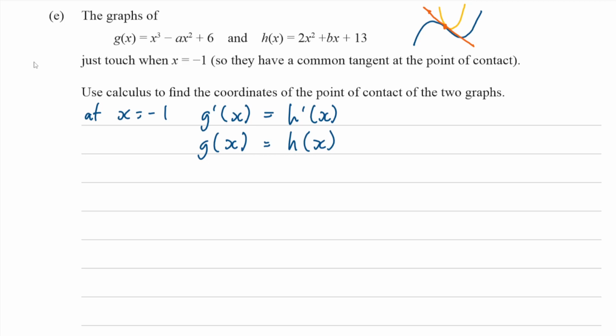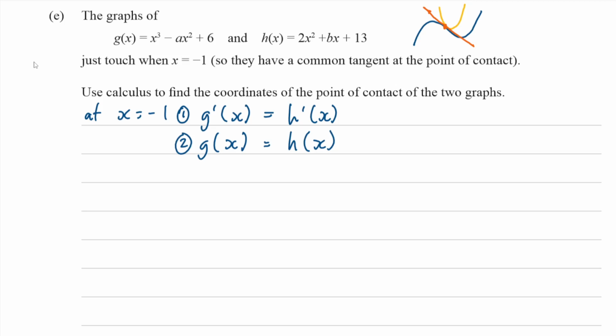Now you'll notice we have two equations and two unknowns, which means if there is a solution, we can find it. If you haven't tried this problem yet, try going from there, solving those two equations simultaneously. But if you have and you just want to check, let's go through it right now.